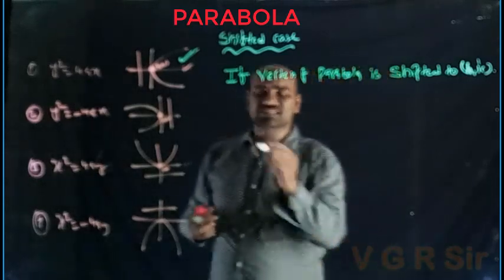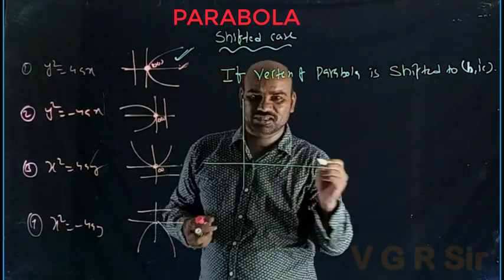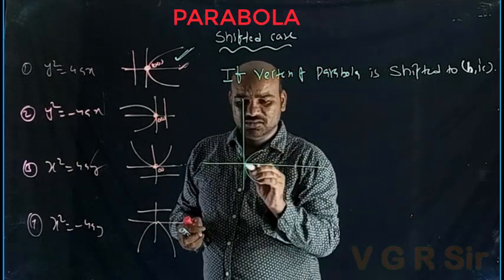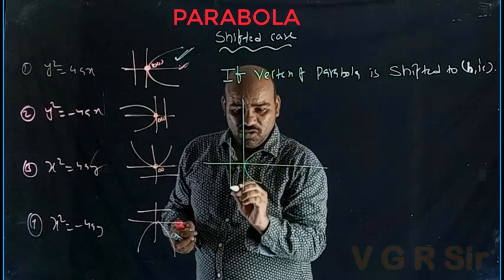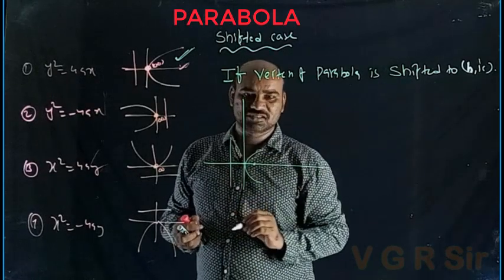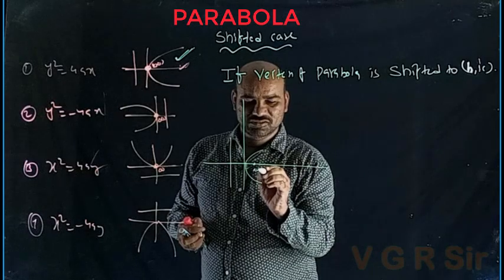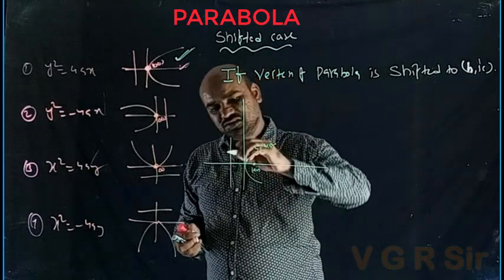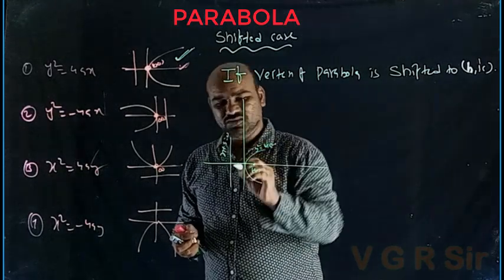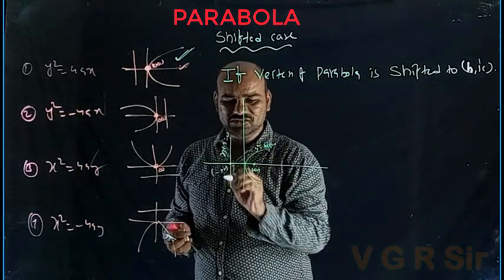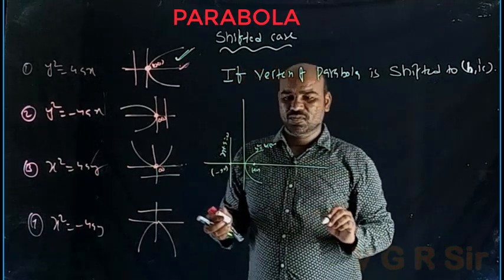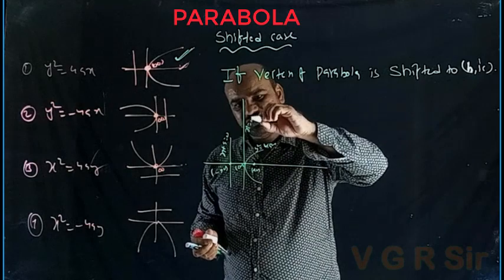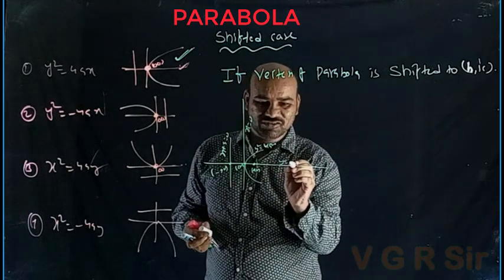For my convenience, I will take that the point is in the first quadrant. Actually, this is the old parabola, old tangent, old directrix, old focus a comma 0. Y square equals 4ax. The directrix is x plus a equals 0. The focus is a comma 0. The vertex is 0 comma 0. The tangent equation is x equals 0. The axis equation is y equals 0.